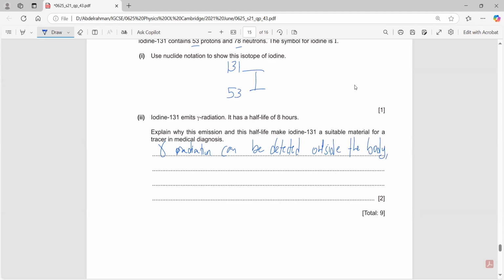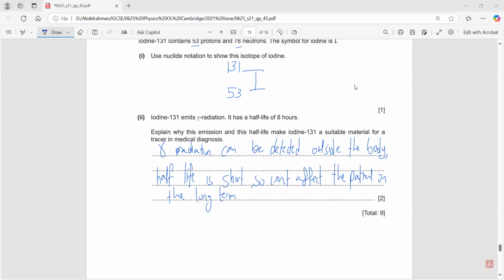And you need to say, for example, that the half-life is short, so it won't affect the patient in the long term. Again, it's not long enough as well. It's long enough to be detected. Okay, good.